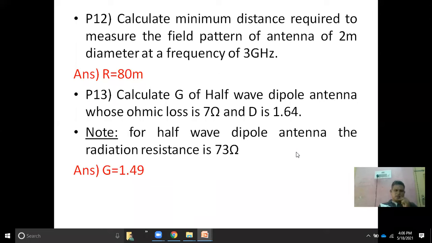Make all the units in meters. Tell me the value of wavelength lambda. Then I will show you the full solution.